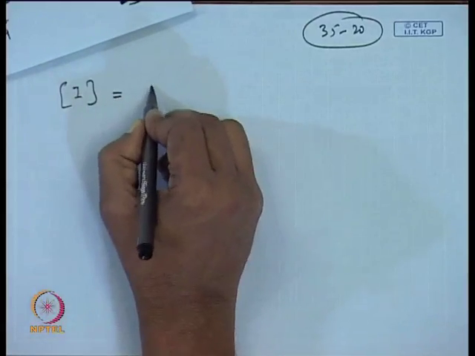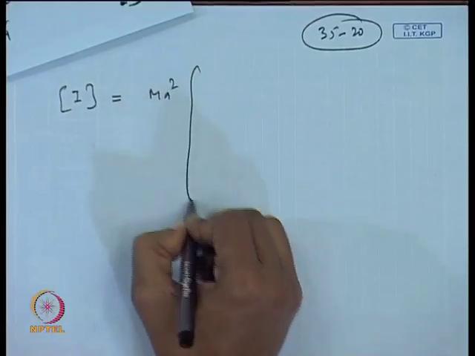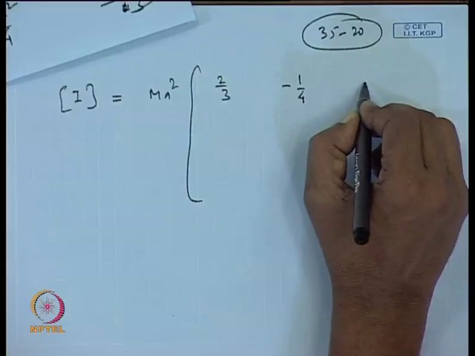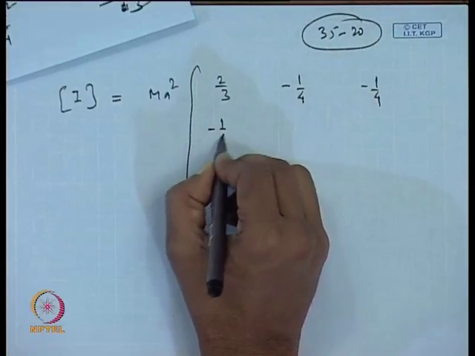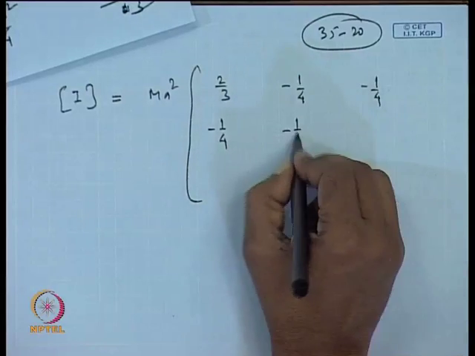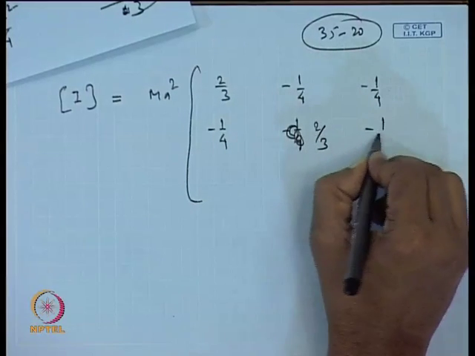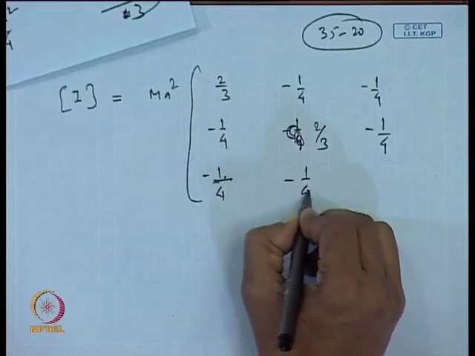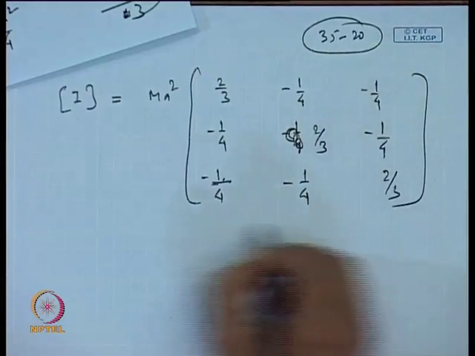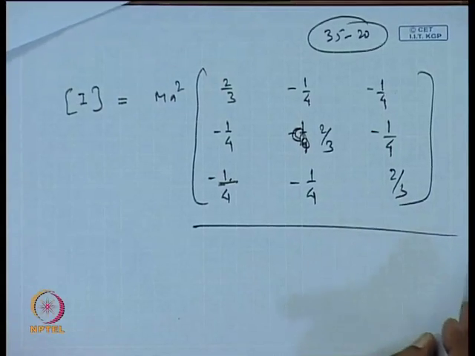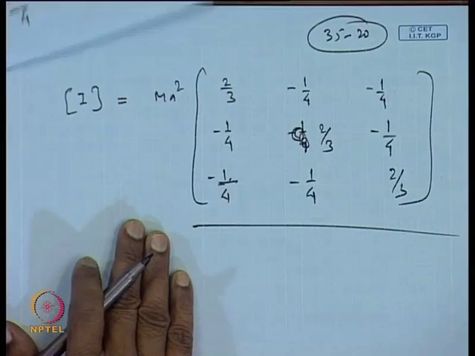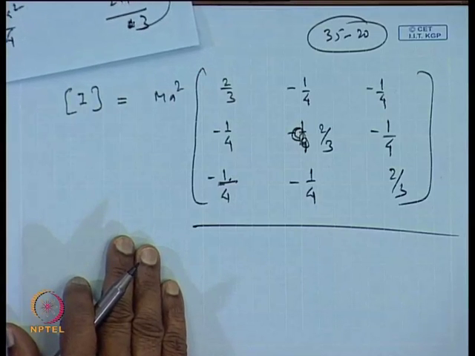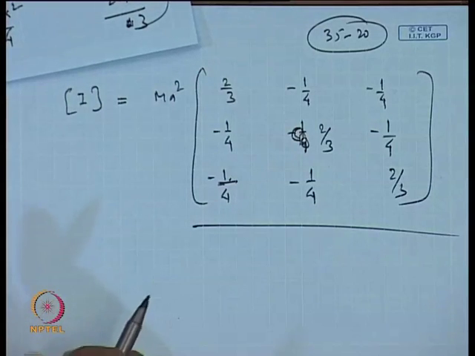So, I can be written as m a square times the matrix with 2 by 3 on the diagonal, and minus 1 by 4 off the diagonal. Okay. Now, this is your inertia matrix and you have to solve for the eigenvalues.